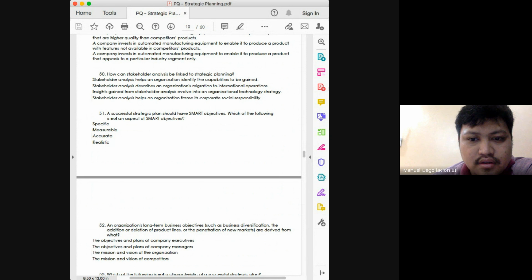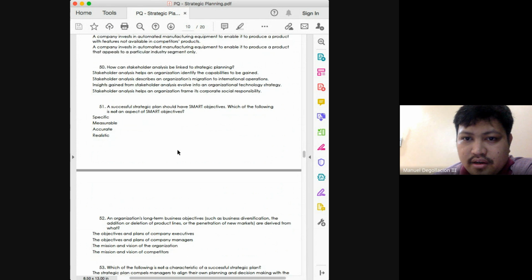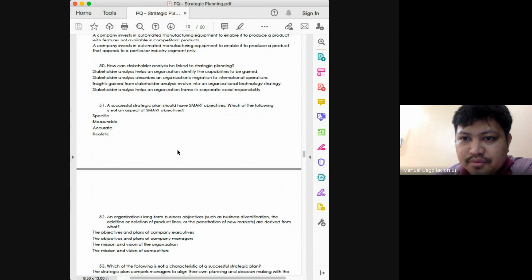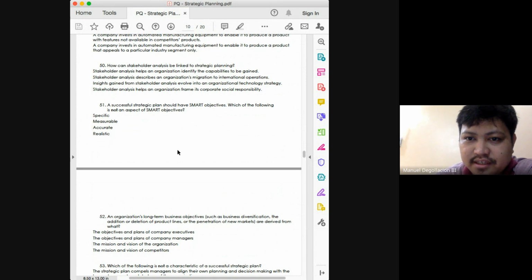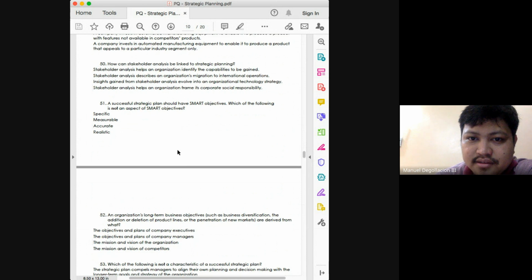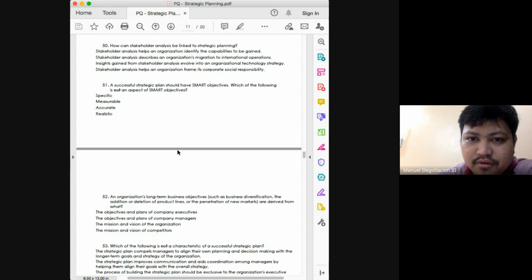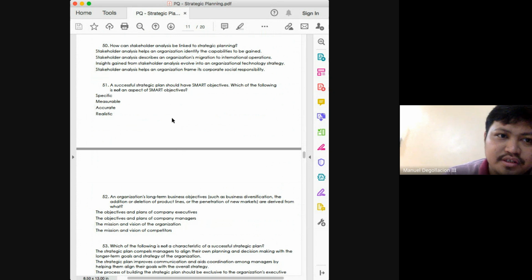Okay. 51, a successful strategic plan should have SMART objectives. We've discussed this already. Which of the following is not an aspect of SMART objective? S stands for specific, M stands for measurable, A stands for achievable. So letter A, accurate. The third choice here, accurate, is not the answer.